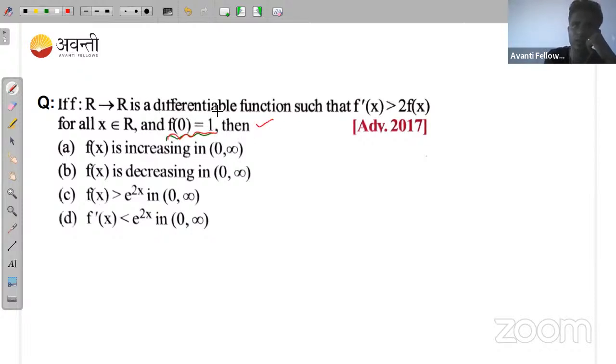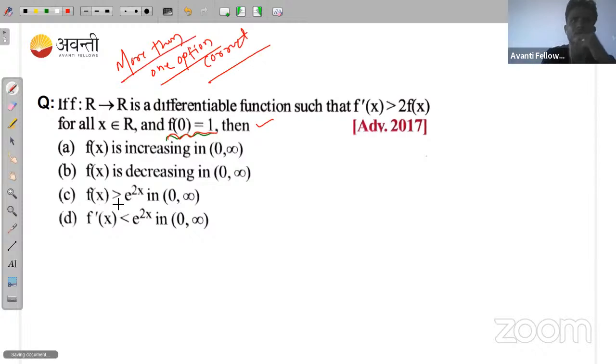Then it is a more than one option correct question.